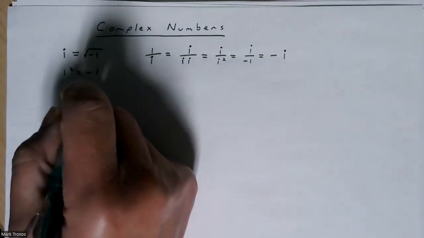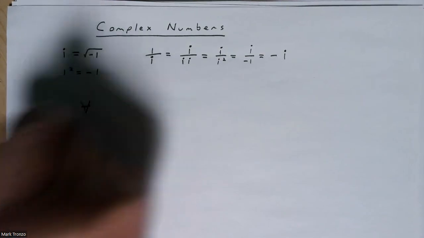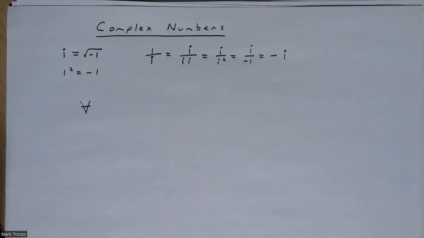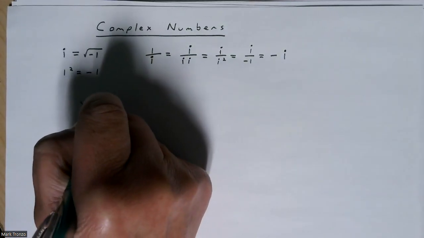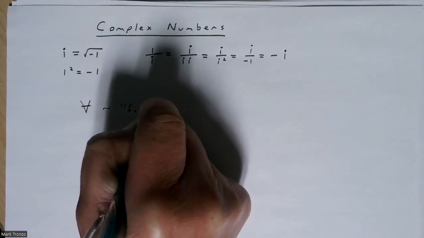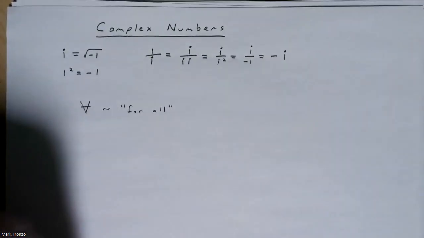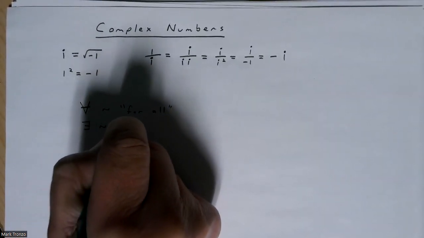And also for some notation, the upside down V like this, or actually it looks like an upside down A, means for all. And the backward E means there exists.